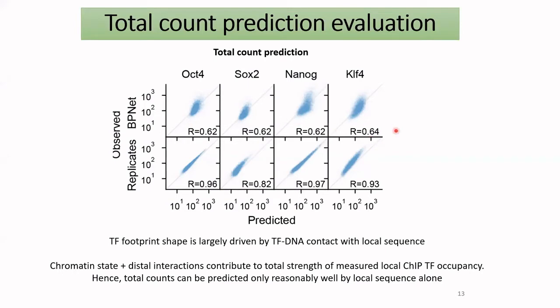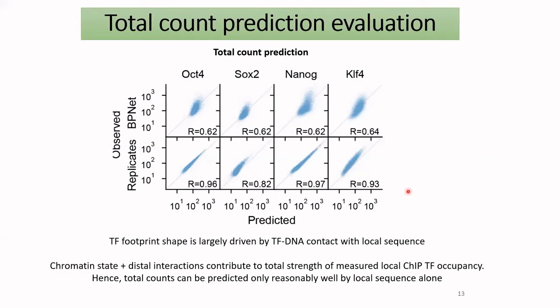I personally don't think this is an issue with the models per se. Remember that we're trying to predict binding entirely from local proximal sequence. In my view, it is actually impossible to predict total counts using local sequence alone, because you're going to have a lot of effects of local chromatin state, prior chromatin state, as well as effects of long-range or distal interactions.